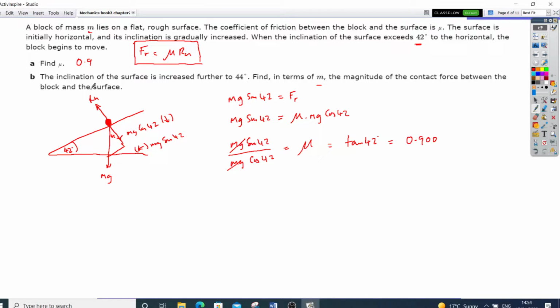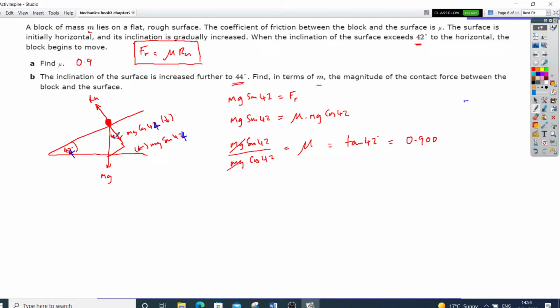Now it's telling me that the inclination of the surface has increased to 44 degrees. Okay, let's go back and change all those to 44. So now if that's 44, I'm going to put 44 there, and that's 44, that's 44.